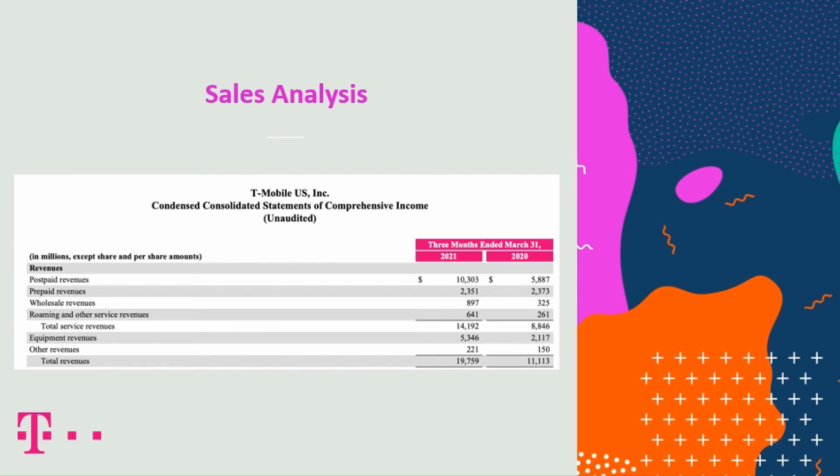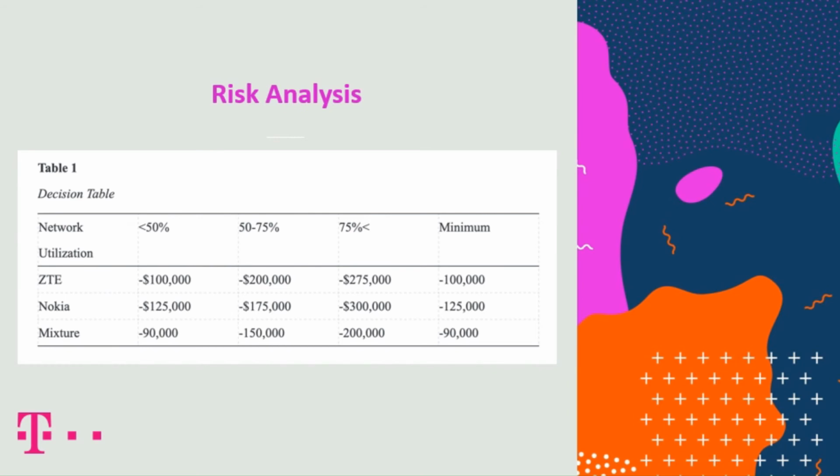And in my last slide here, what I consider to be the most important topic of this week's learning was the risk analysis. I've created a table shown here in Table 1. This was created using the maximin concept from Ken Black's textbook reading that was assigned to us for the week.